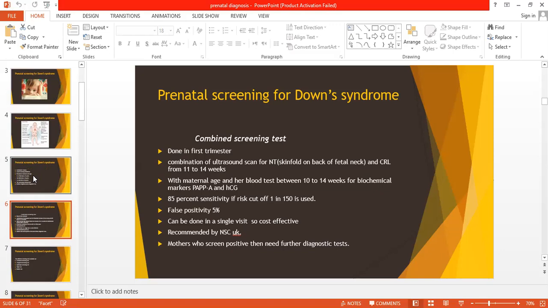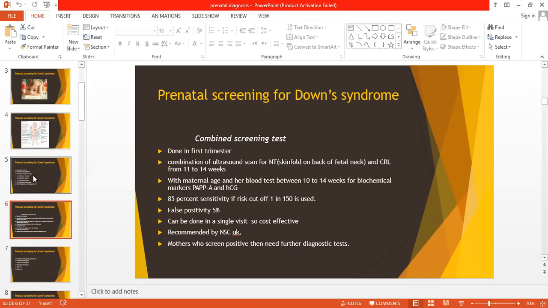In all our recommendations, we follow the UK Royal College of Obs and Gynae. So it is recommended by the National Screening Committee of UK. Why is it recommended? Because it has a good sensitivity with a low false positivity, and it can be done on a single visit. So this is done in the first trimester.